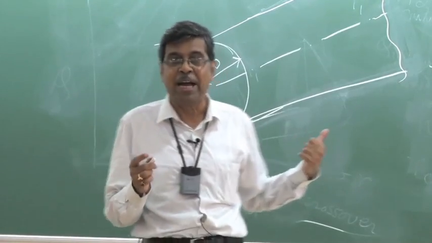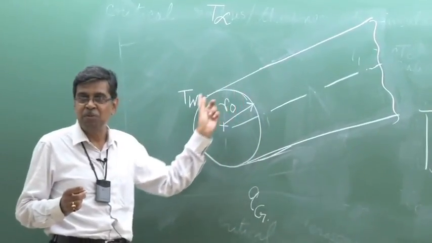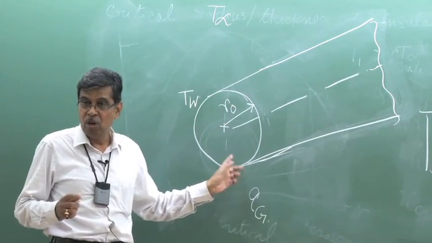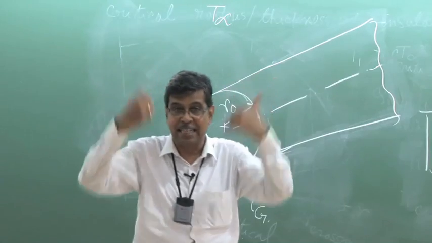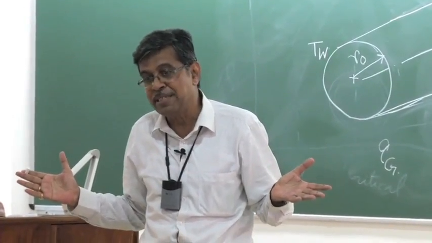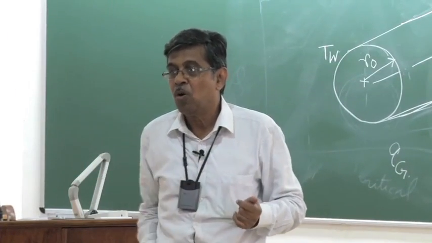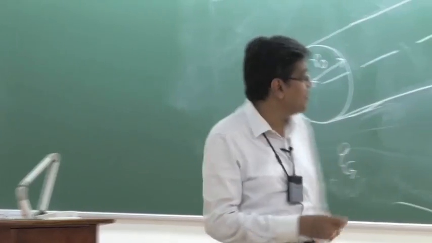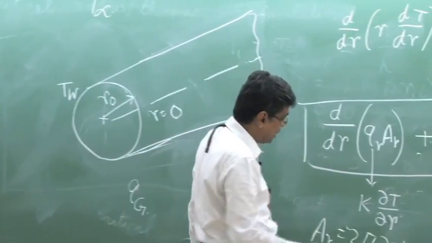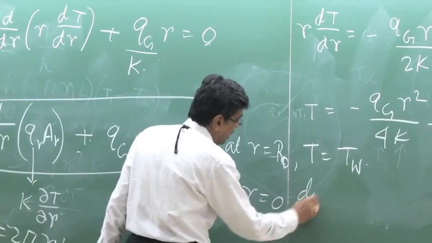The problem is symmetric. Why? Because the temperature is uniform azimuthally, Qg is constant, uniform heat generation, not that one half has higher heat generation and another half lower. It's not like that. So therefore the problem is entirely uniform azimuthally, with respect to the axis R is equal to 0, which means a symmetry boundary condition that at R is equal to 0, the derivative is 0.